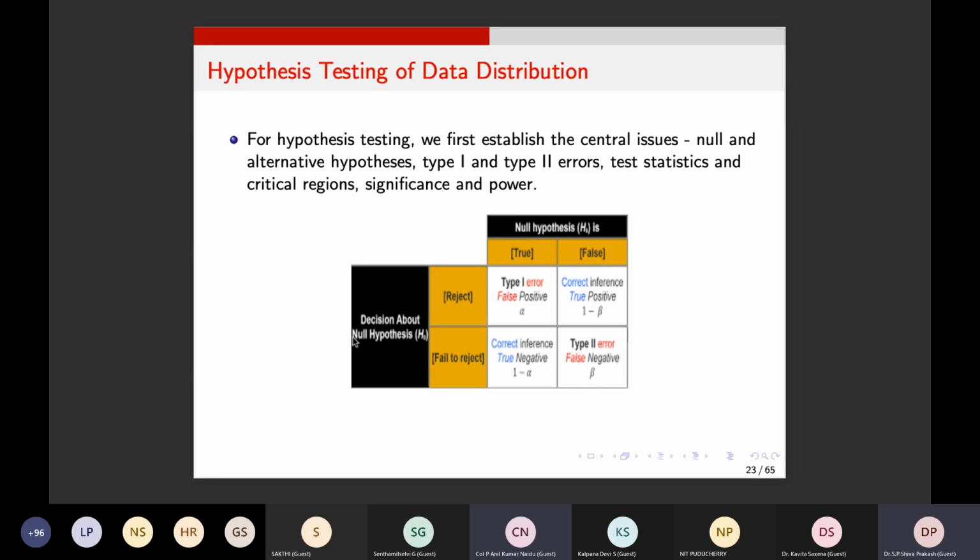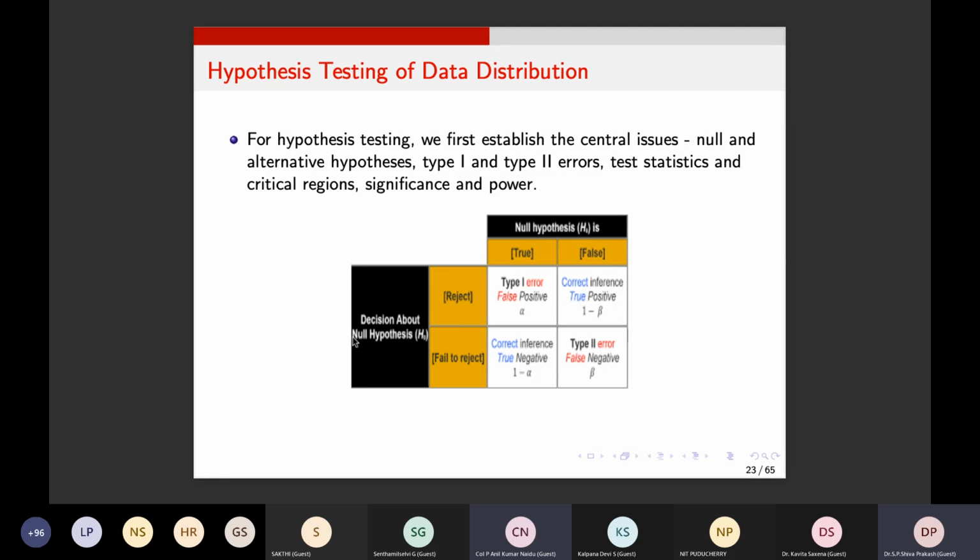The null hypothesis, H1, the decision about the null hypothesis H0 will fall into two categories, either reject or fail to reject, or true or false. So if it is a type 1 error, a false positive, we call that alpha, right?